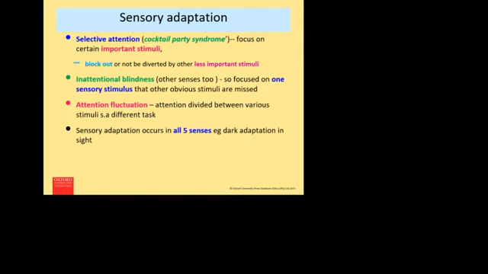That is what is meant by selective attention, where you focus on the stimuli you want to listen to and block out all the unnecessary stimuli that are not important to you.